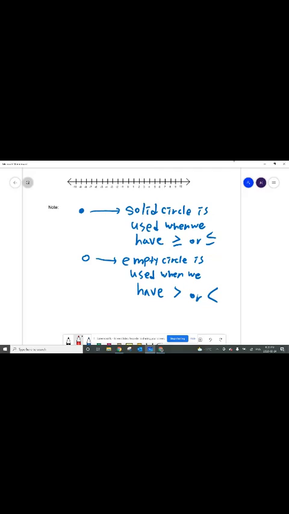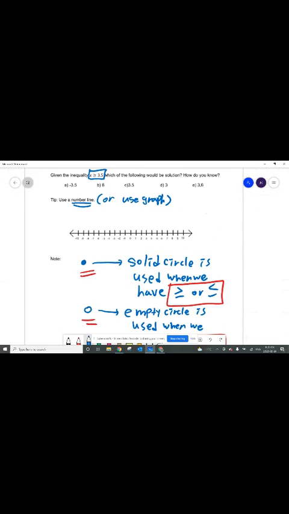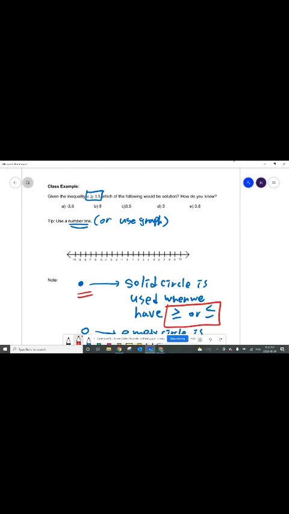I want you to pay attention to these two notations, solid circle or empty circle, because depending on the situation, we have to interchange the use of solid circle or empty circle. In this specific example, we have bigger or equal to, so that's a fancy way of saying that we need to use a solid circle. So let's see how it's used.